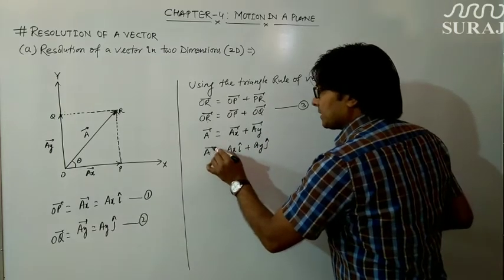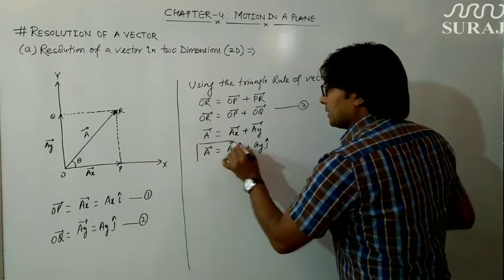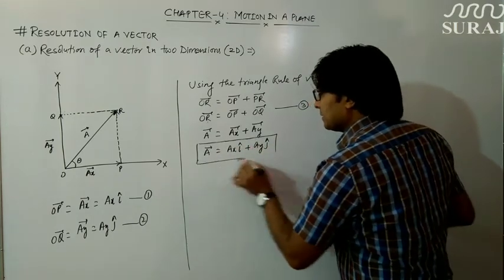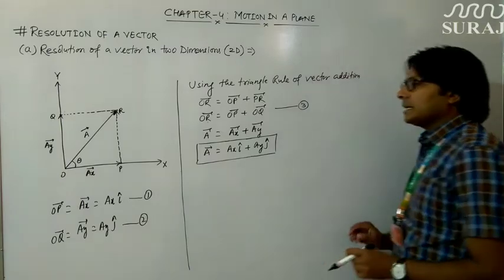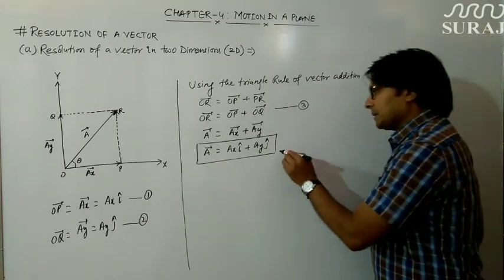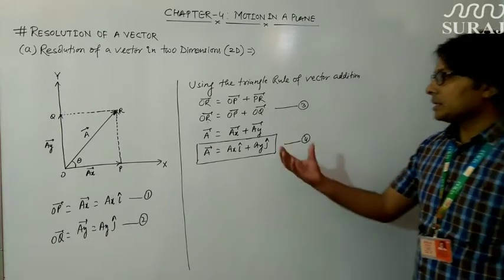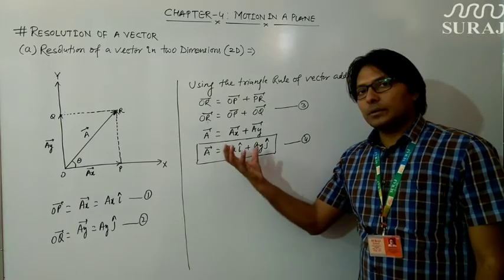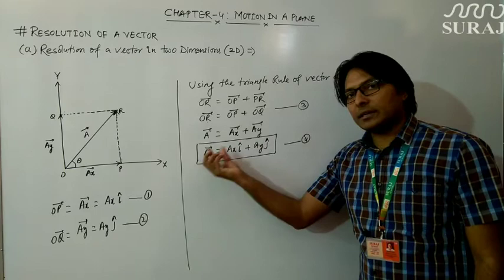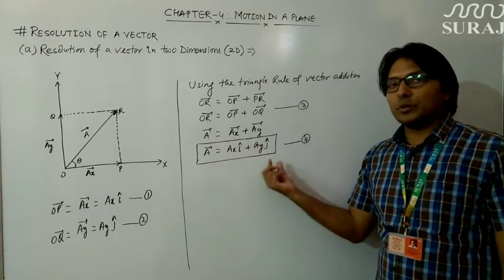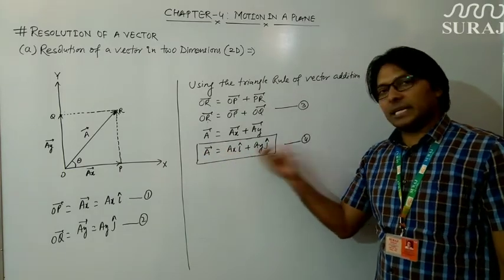So this A vector can be written as AX i cap plus AY j cap, and this equation is known as resolution of A vector in two rectangular components AX and AY.